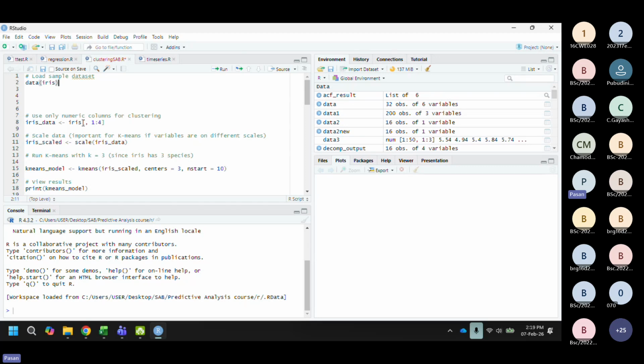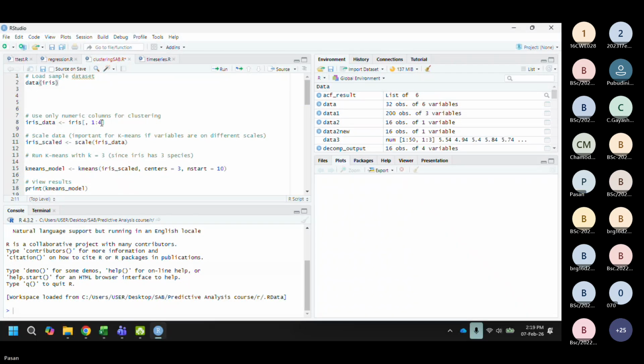I'm having the data in matrix form, and I use those four columns as my data set. So that's my entire data set, and I'm creating a new data set out of that as the iris data. That means I have four variables there.